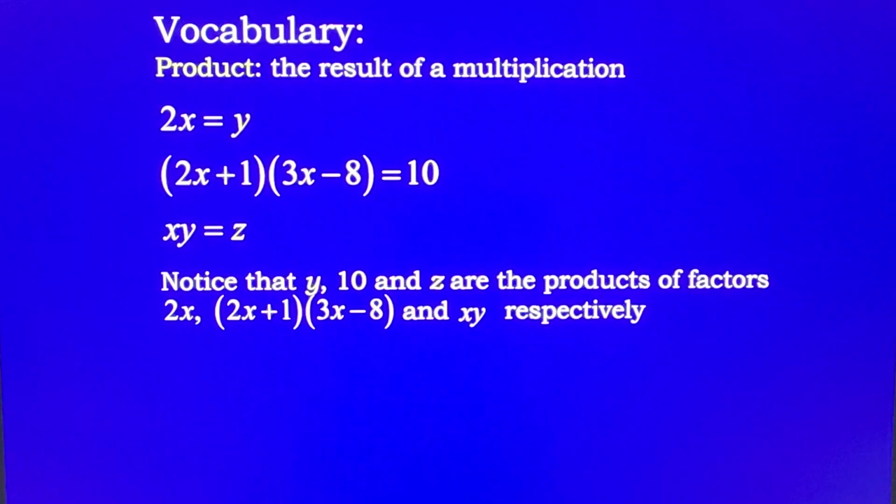We still don't know what it is. We just know one thing, that they are equal to 10 when you multiply them. xy equals z, that is also a product. So notice that y, 10, and z are the products of factors 2x, 2x plus 1 and 3x minus 8, and xy respectively.